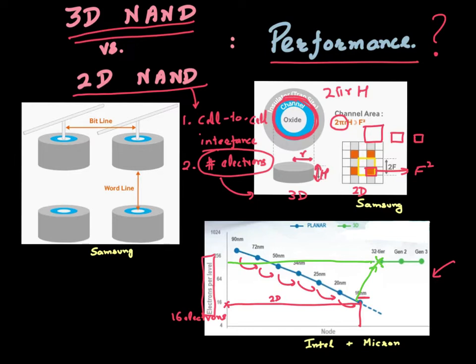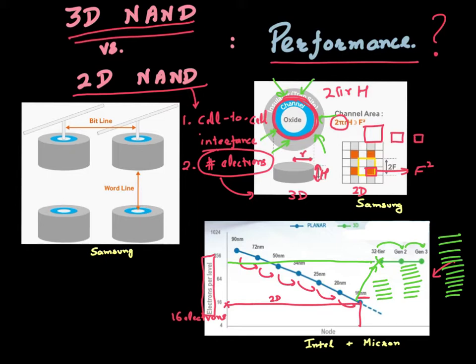Furthermore, the good news is that the roadmap for 3D NAND flash memory says that going forward you can improve the amount of memory in your die by stacking more and more layers in your 3D NAND flash memory stack, and at least for the next couple of generations, you don't have to worry about shrinking the size of this 3D NAND flash cell.